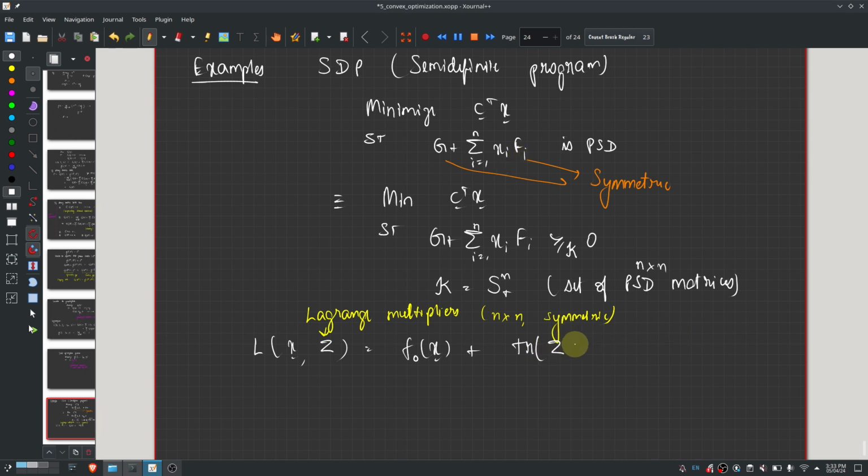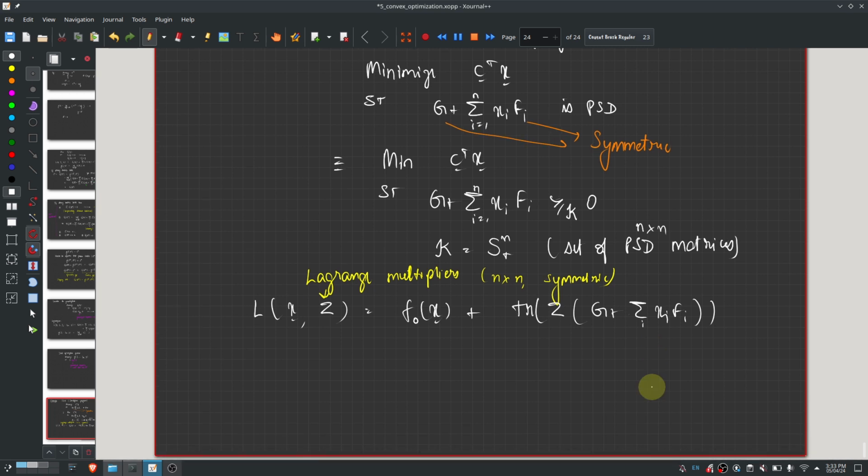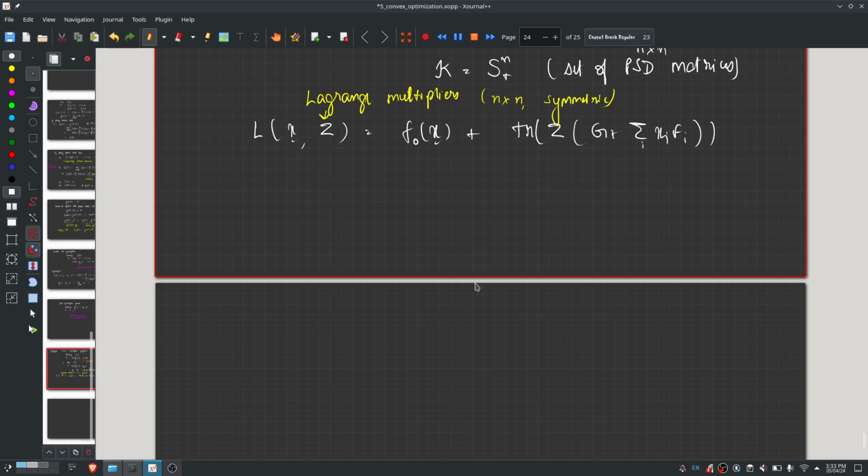This is a trace of Z times G plus summation over i xi Fi, but I can expand this out.